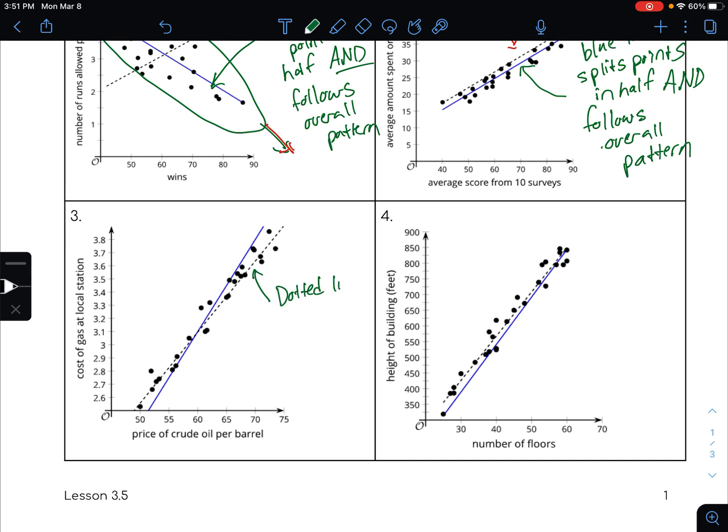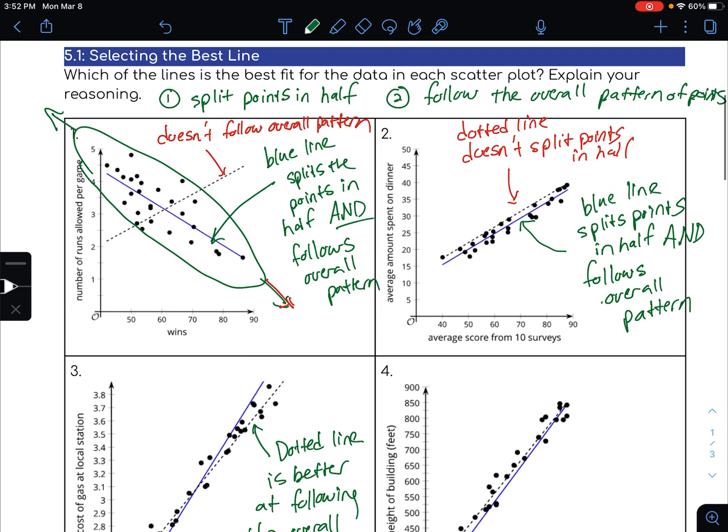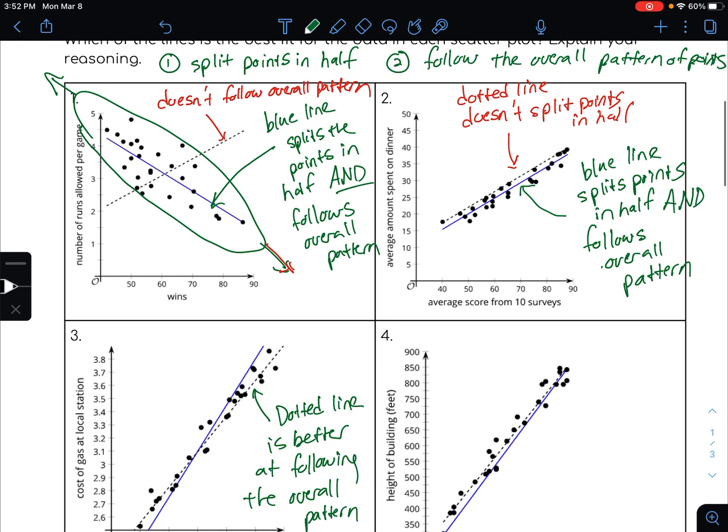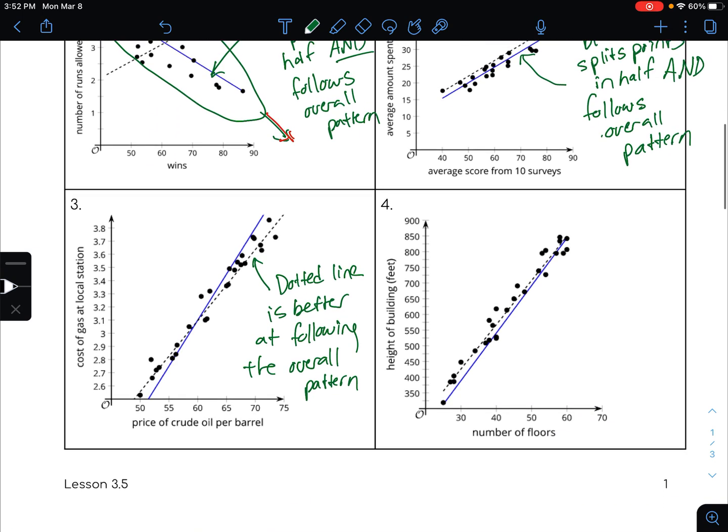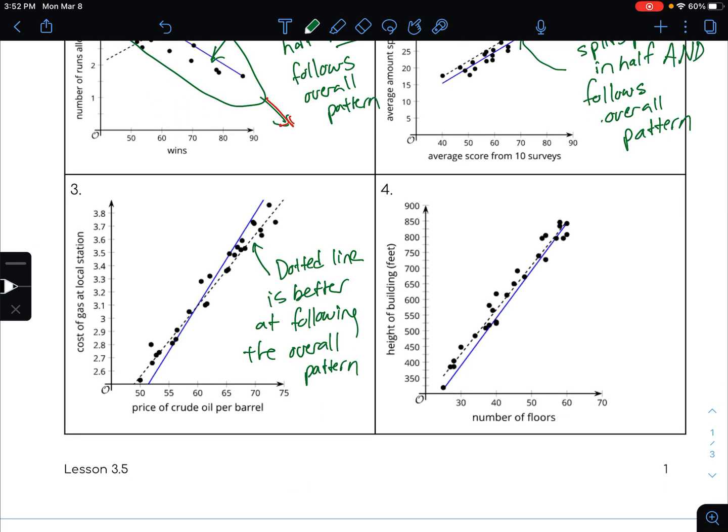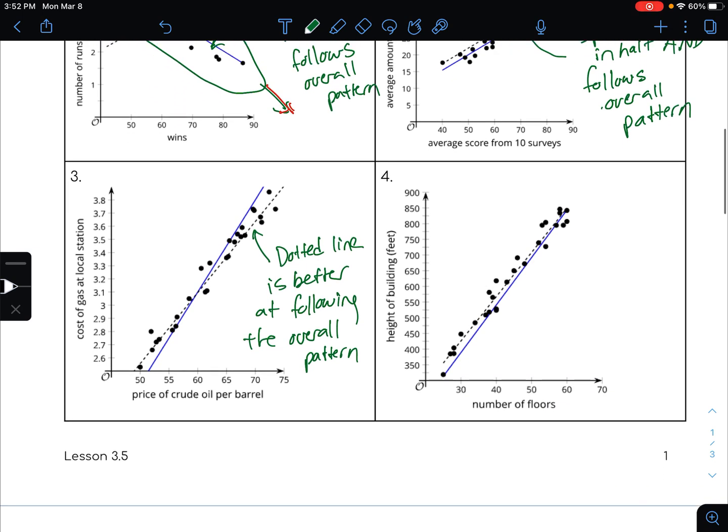The dotted line, or the dashed line, is better at following the overall pattern. They both do the two things that we are asking, split the points in half and follow the overall pattern, but the dotted line definitely is better at following the overall pattern.